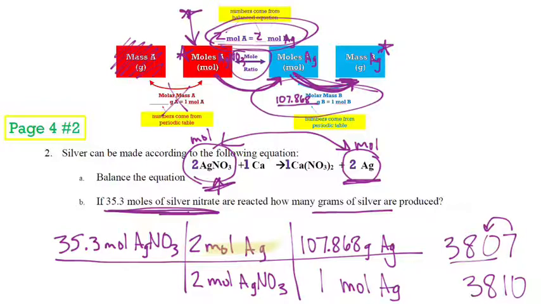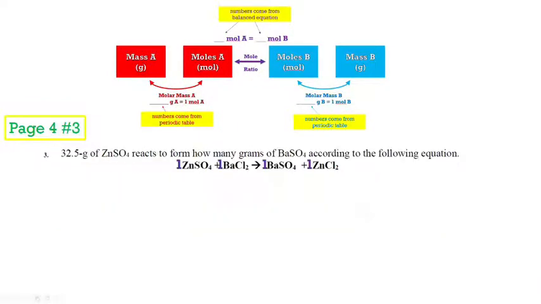So let's do a couple more. I'm not going to set all of these up completely. I'm just going to help you analyze them a little bit more to see how this map can help you and get the numbers that you're going to need. So here it's asking us if I have 32.5 grams of ZnSO4, and what that means for me is my given substance A is ZnSO4, and it is grams, so I'm starting at the farthest back point that I can, which means I'm going to need to add up the molar mass of ZnSO4.